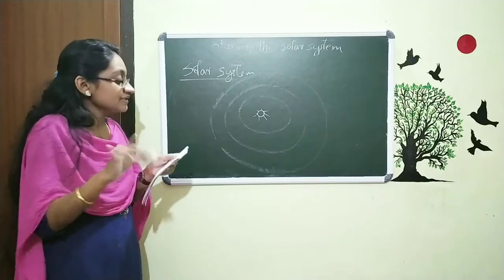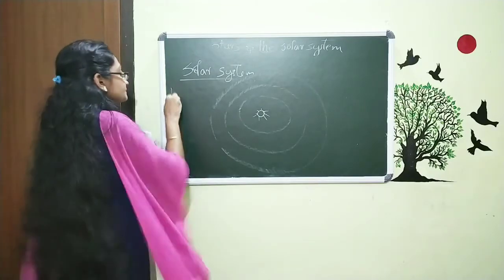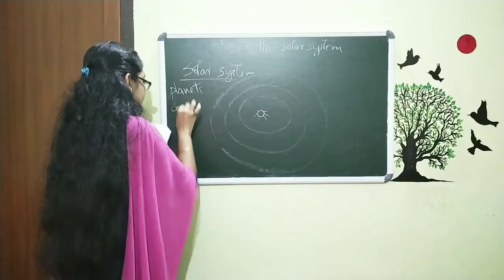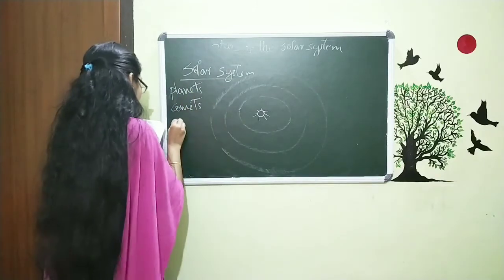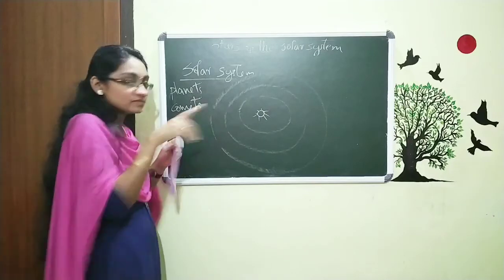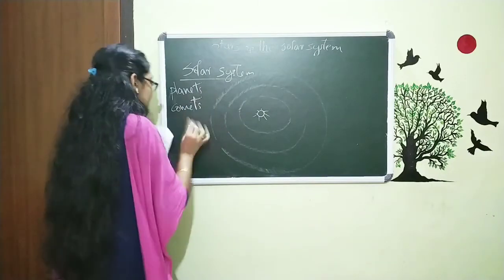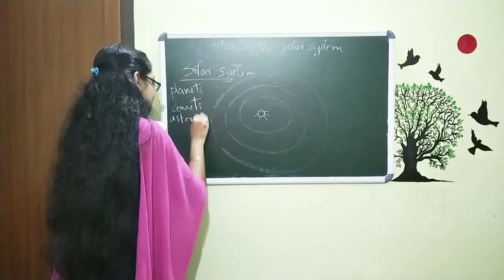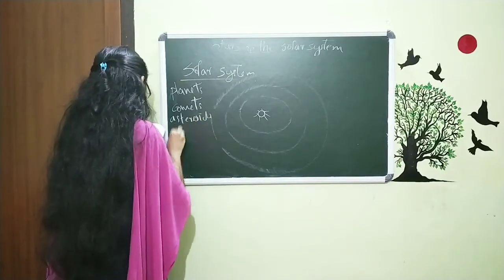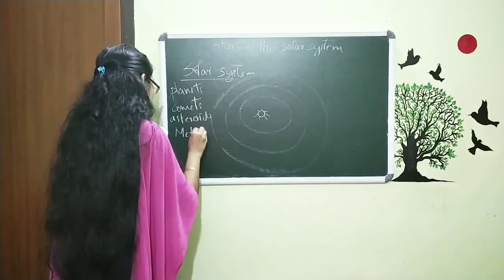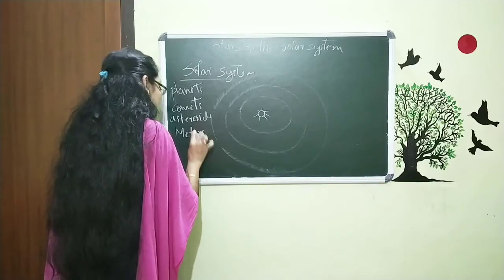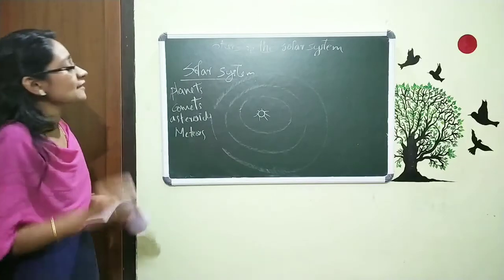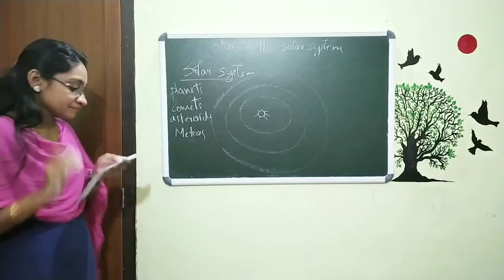Then planets, comets, comets means the stars having a particular shape, asteroids, meteors, different types of celestial bodies are present in a solar system.